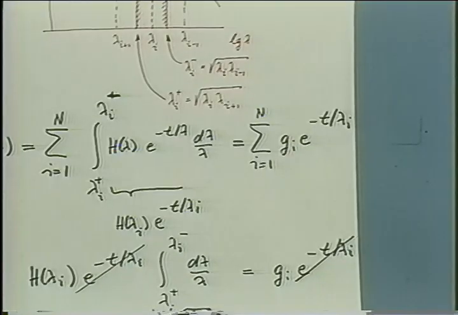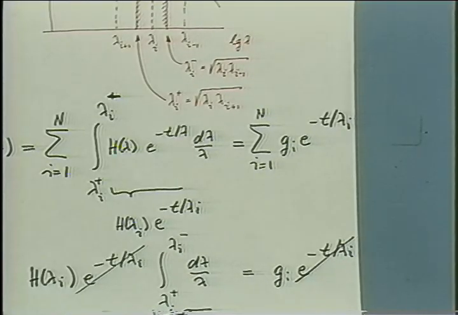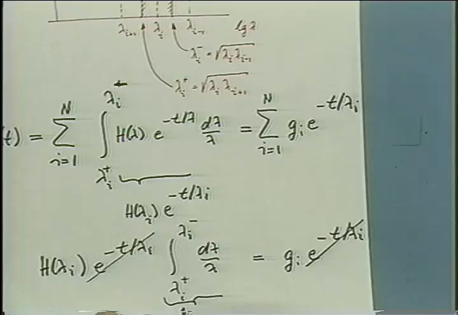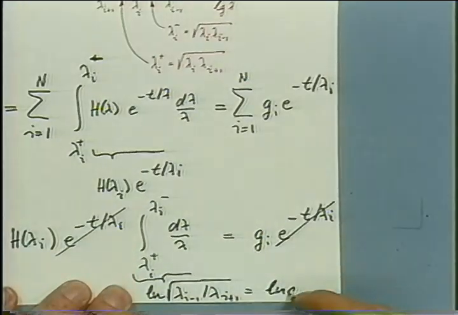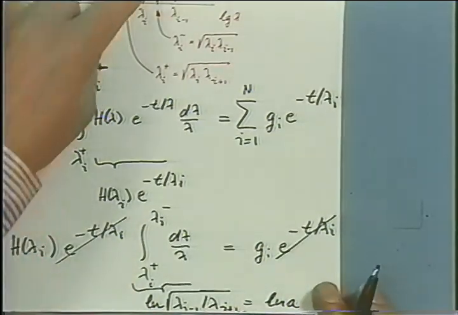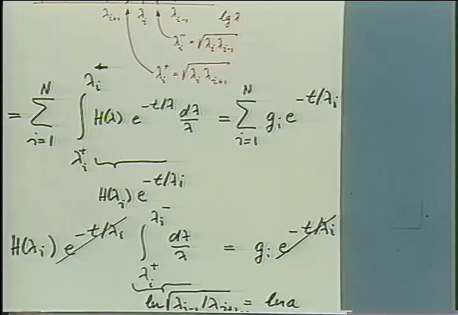And also, you could evaluate this easily, and you will find that when you integrate, you get the natural log times lambda I minus 1 divided by lambda I plus 1. We will call this ln A. A is a character giving us the spacing.